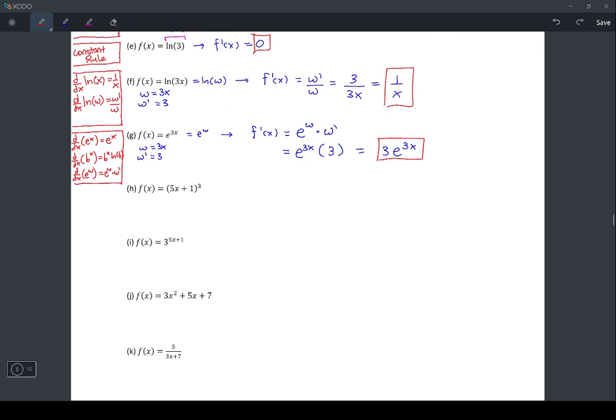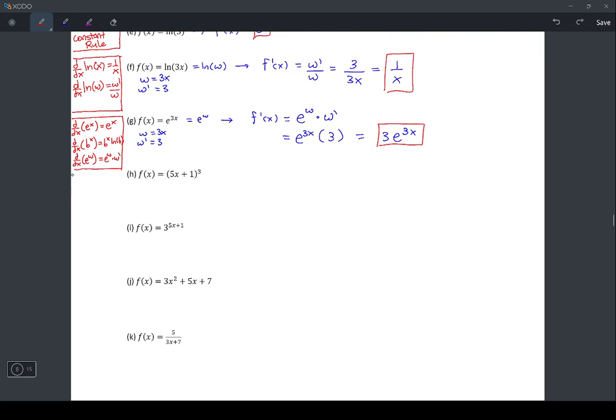Next question is a chain rule. Now, you probably wrote chain rule derivatives with f's and g's in them. And I'm not going to use f or g because sometimes the function is f or g.